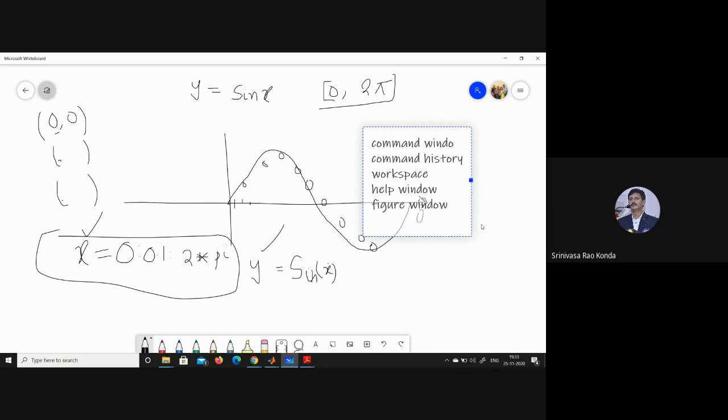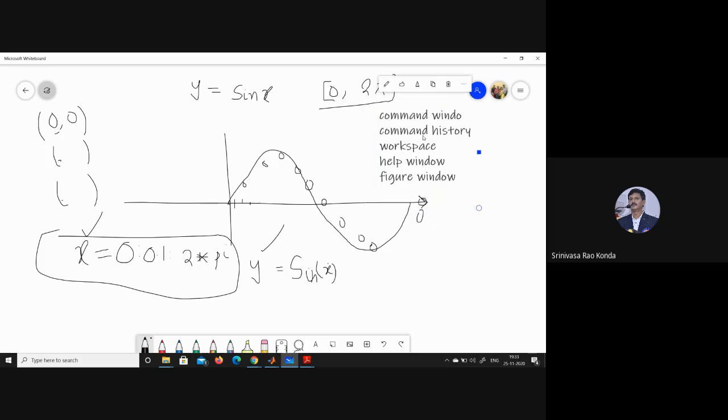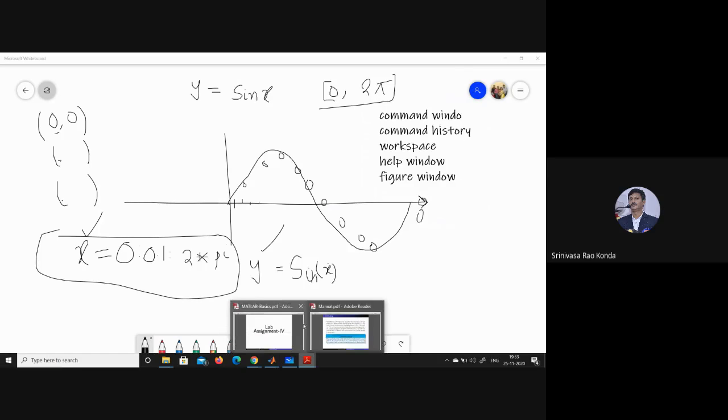Now we are familiar with these windows. With this, today I am closing my class. Day after tomorrow we meet again.